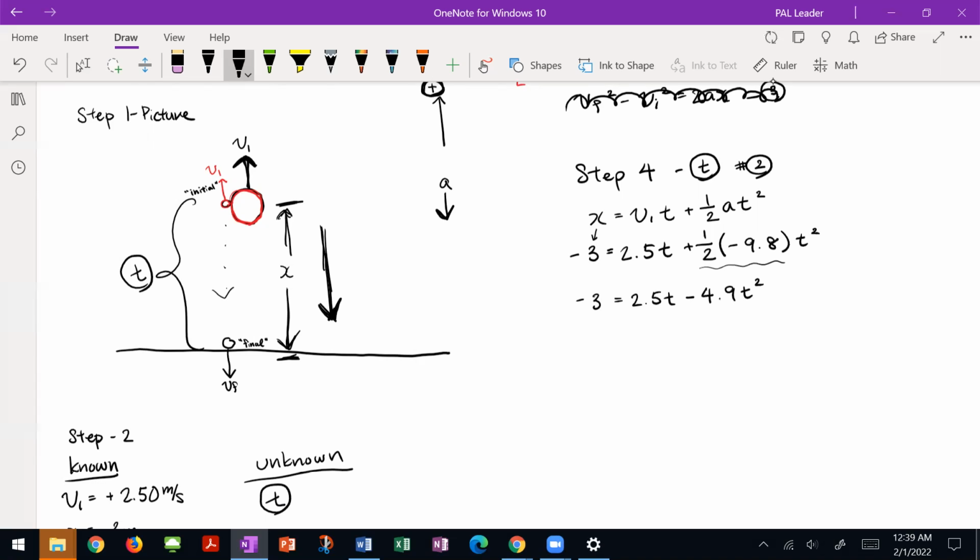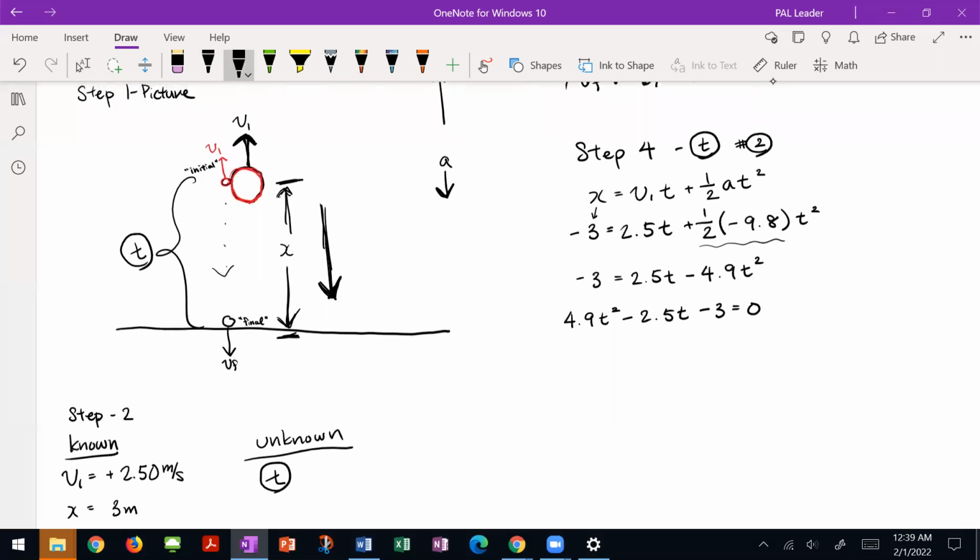So I'm going to move all of my numbers onto the same side of the equal sign. I hope you guys can follow. T squared minus 2.5 t minus 3 equals 0. And we want to solve for t.